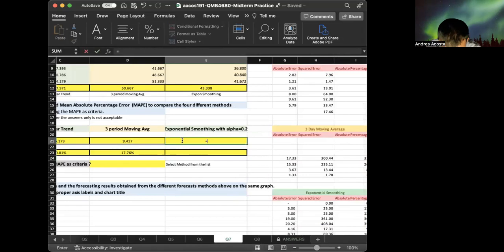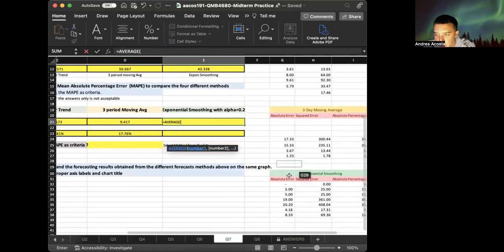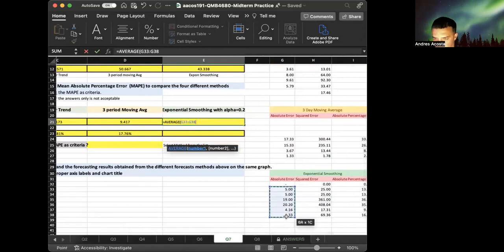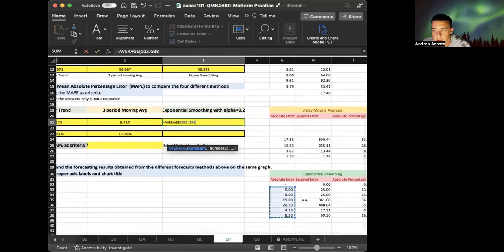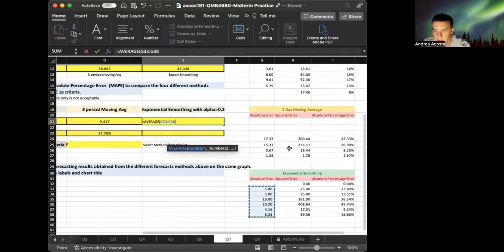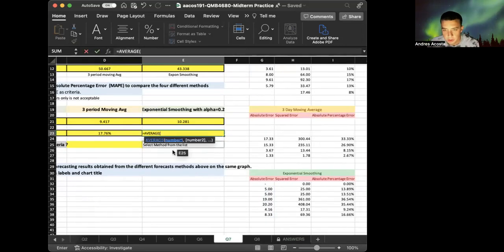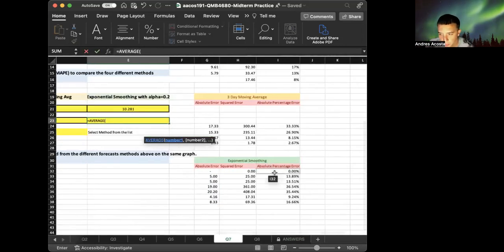Same thing for this. The average for the exponential smoothing, that we have it labeled right here. Click right here. Yes. Is this for absolute error? Mean absolute deviation, yes. Here. And then once again, average for the percentage.